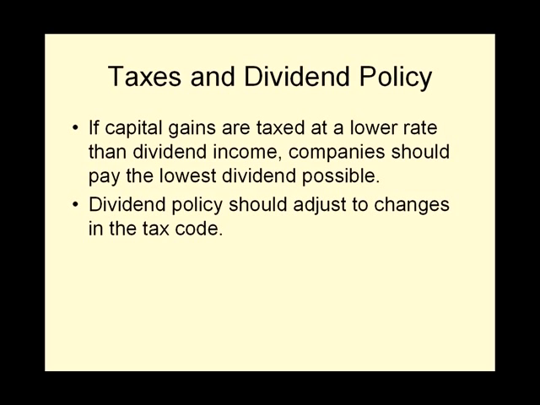In recent years, we've had a change in the tax code, which has resulted in a lowering of the tax on dividend payments, so that the tax on dividends is now not very much higher than the tax on capital gains. This reduction in the dividend tax rate has likely stimulated higher dividend payout than would have been the case in the absence of that tax reduction.